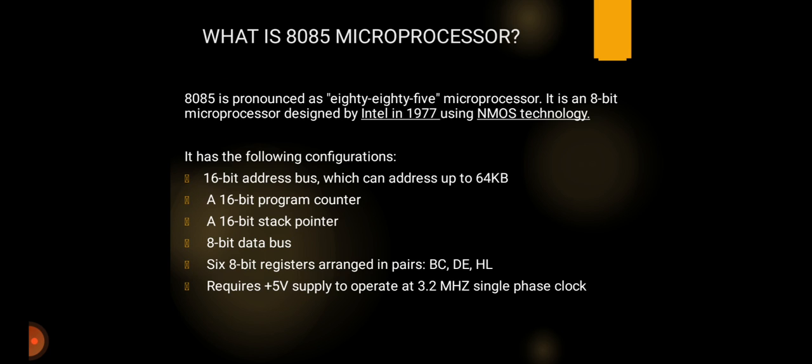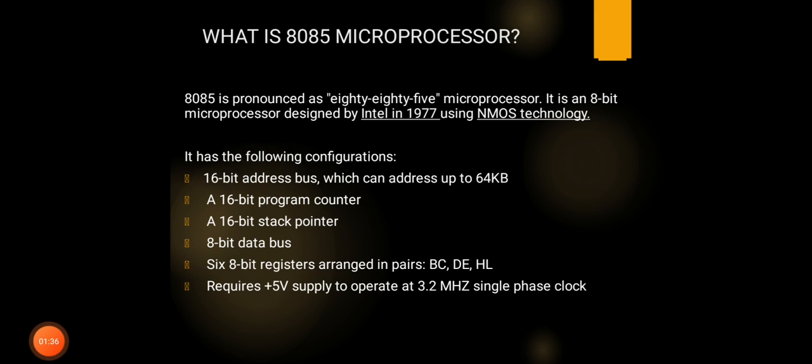So the first topic is, what is the 8085 microprocessor? 8085 is pronounced as eighty-eighty-five microprocessor. It is an 8-bit microprocessor which was designed by Intel in the year 1977. This microprocessor uses NMOS technology.